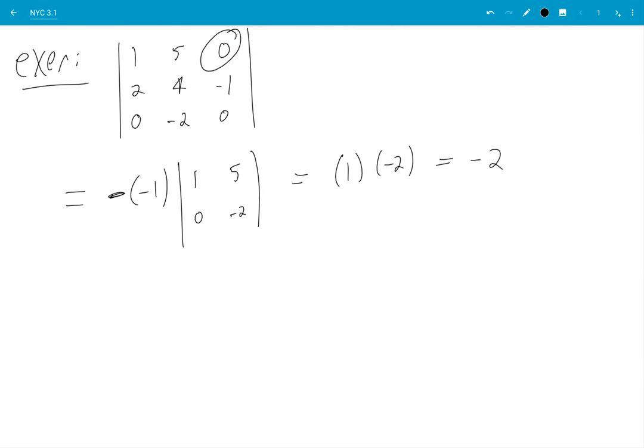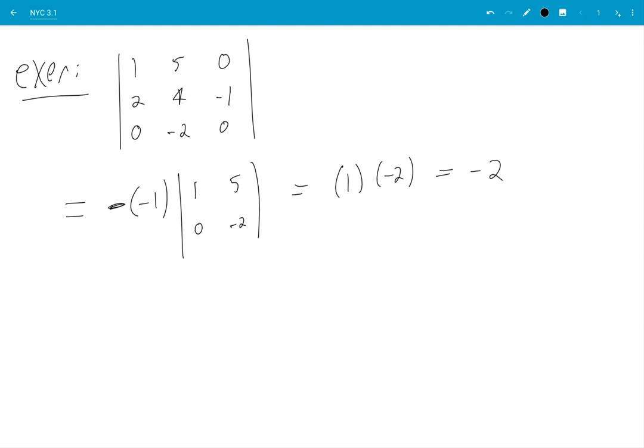So I only write the term for that one. I put the minus here because of my plus minus diagram. And there we go. Okay, so lots of zeros make us happy.